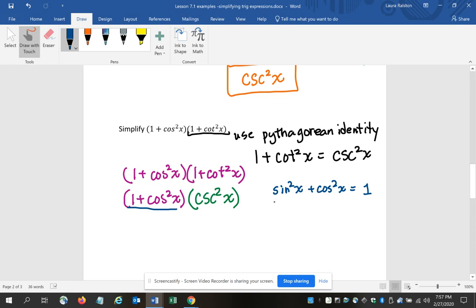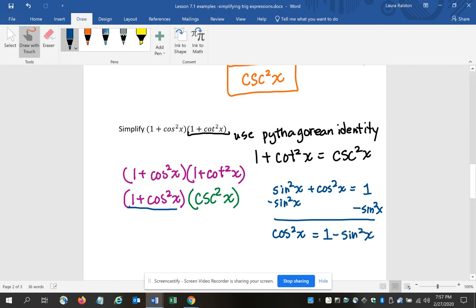I think I could. If I subtract sine squared from either side, I would have cosine squared x equals 1 minus sine squared x.